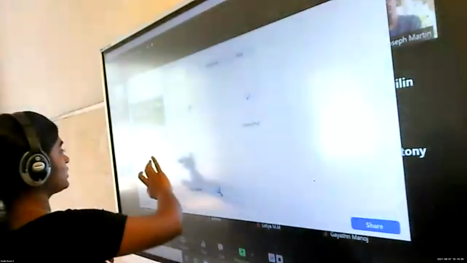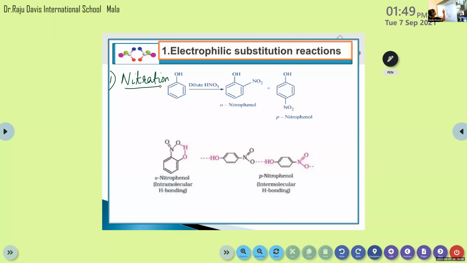Clear? Then you look at this example of nitration. Here the reagent used is dilute HNO3. Phenol will react with dilute HNO3, and on nitration an NO2 group will be substituted, right? It will be substituted at ortho and para positions. So the two products obtained are ortho nitrophenol and para nitrophenol.